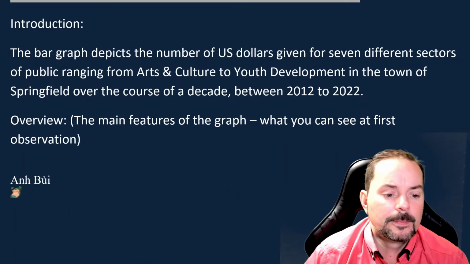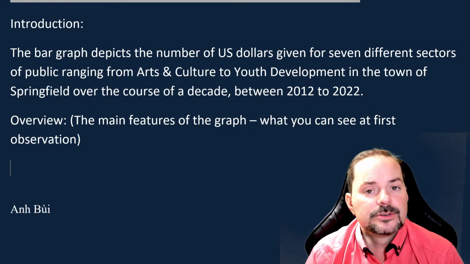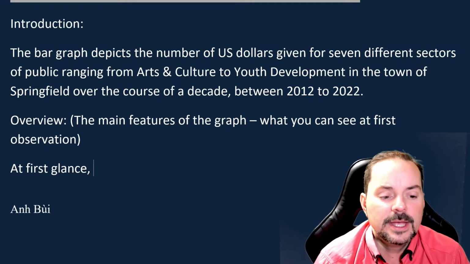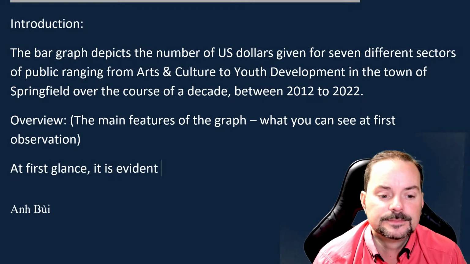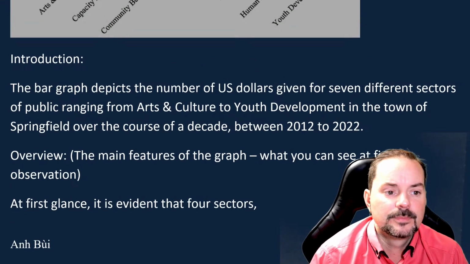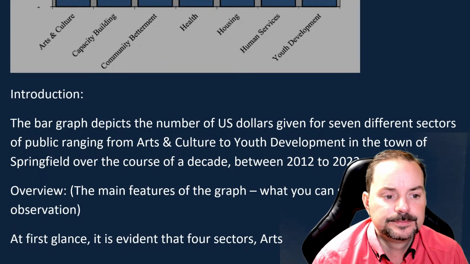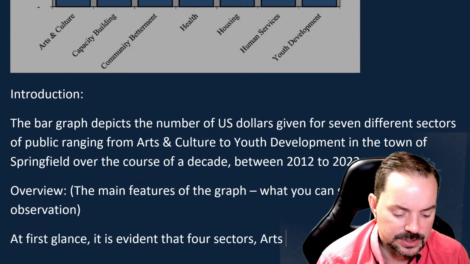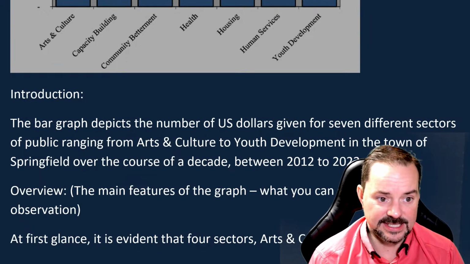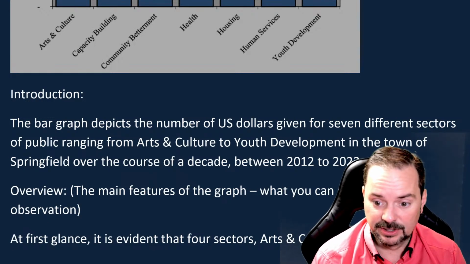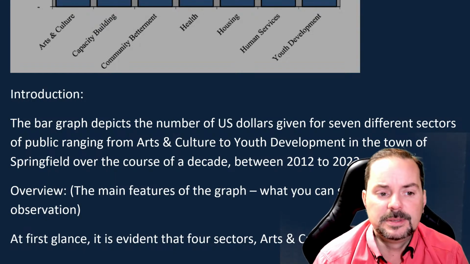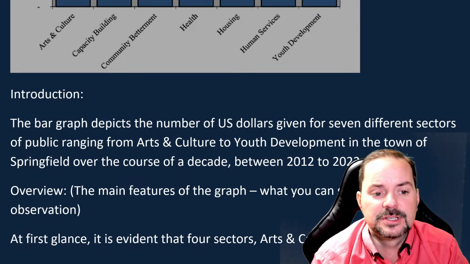Okay. So at first glance, and it is our first glance or initial observation. Okay. At first glance, it is evident that four sectors, arts and culture, capacity building. Capacity building means like increasing the number of people in the town or that the town is able to host.